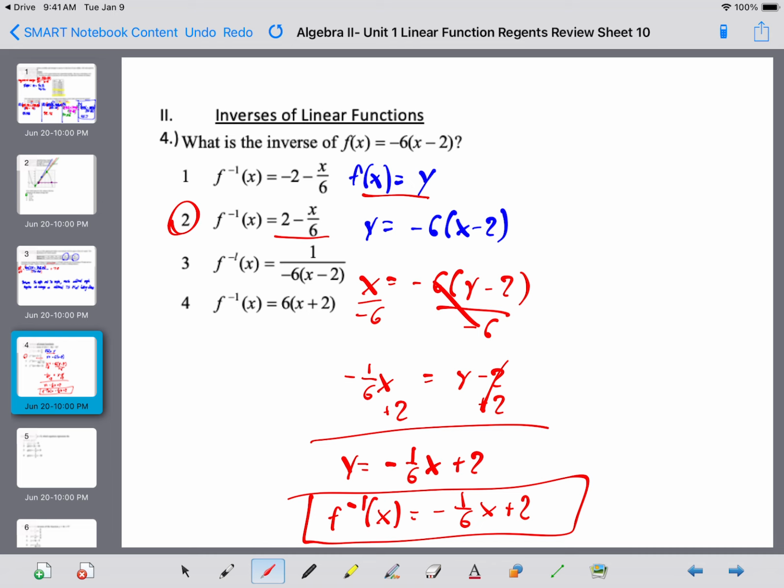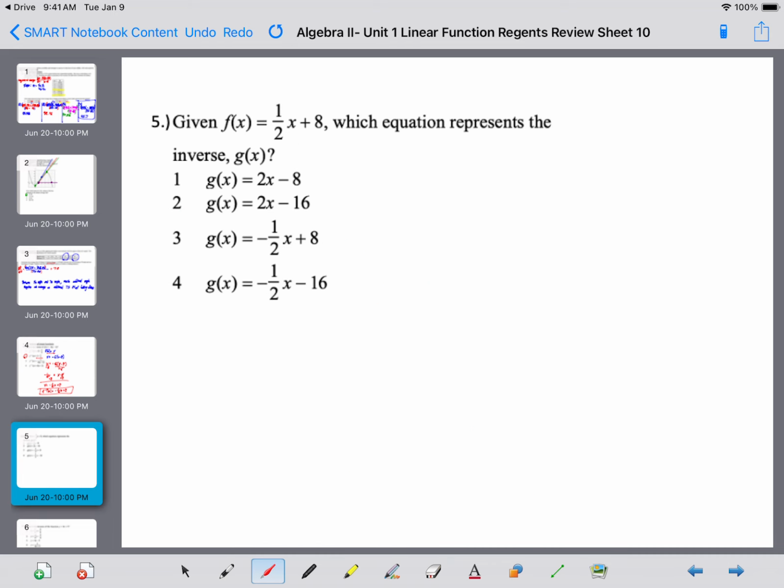Okay. We have another inverse question. So we have y equals 1/2 x plus 8. Switch the x and the y. Subtract 8 on both sides.